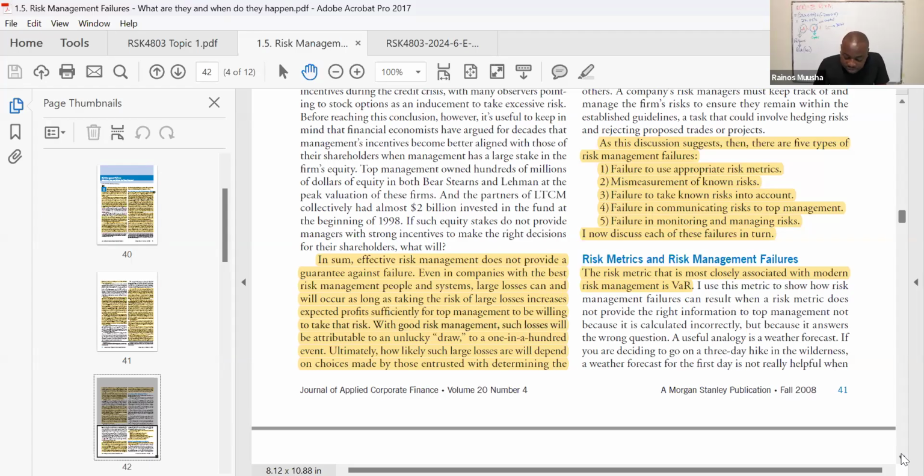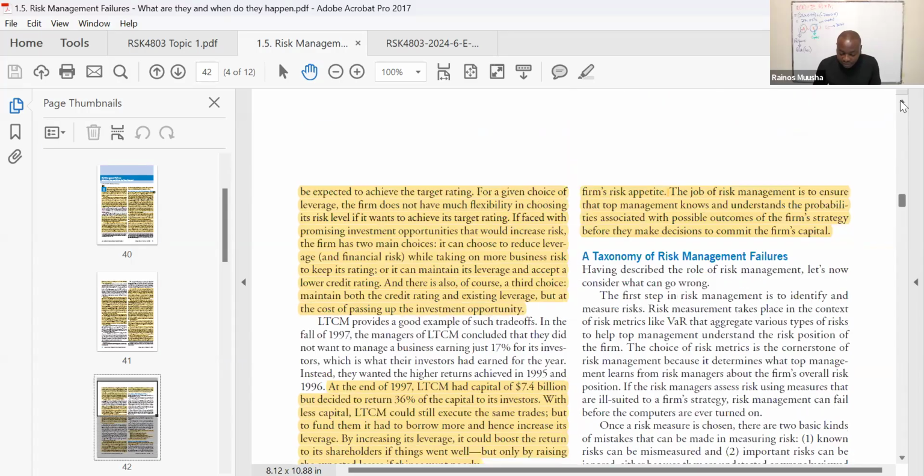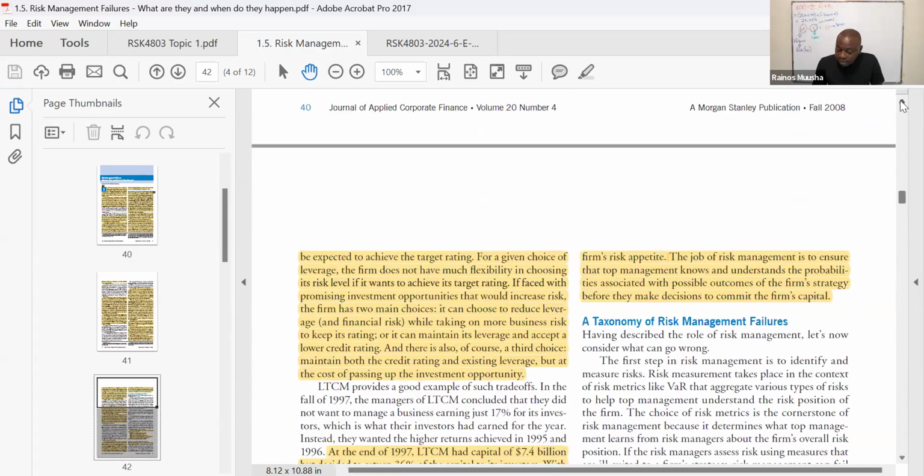With good risk management, such losses will be attributable to an unlucky draw, to a 1 in 100 event. Ultimately, how likely such large losses are will depend on choices made by those entrusted with determining the firm's risk appetite.